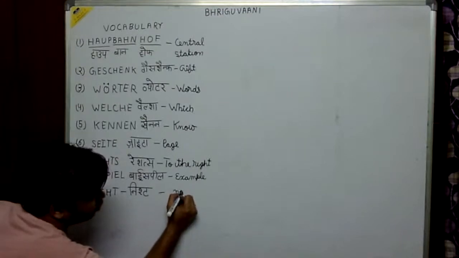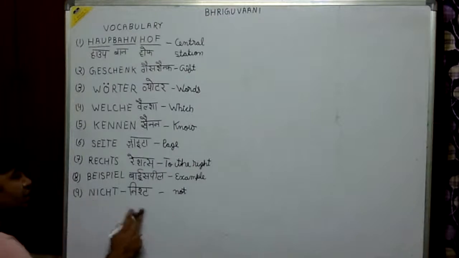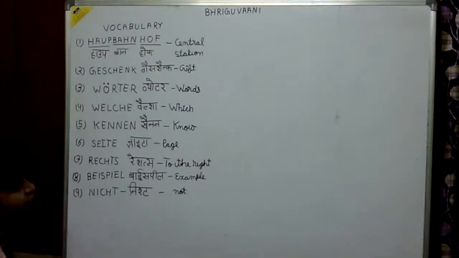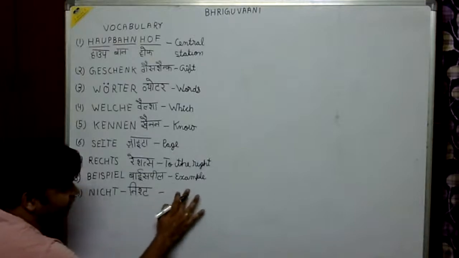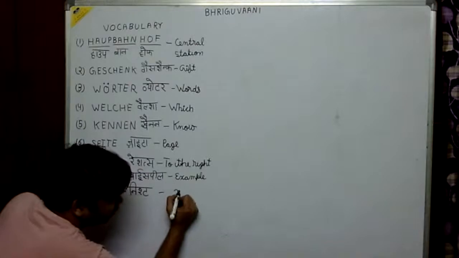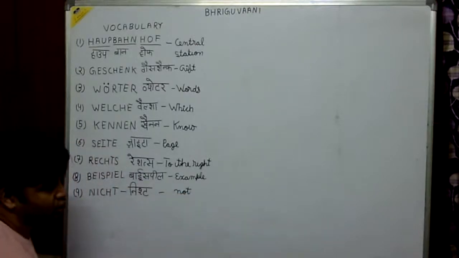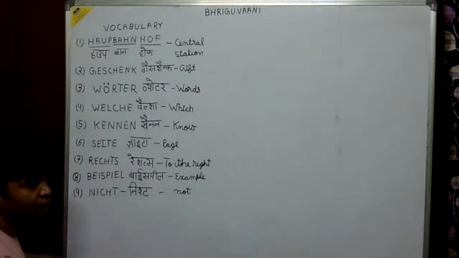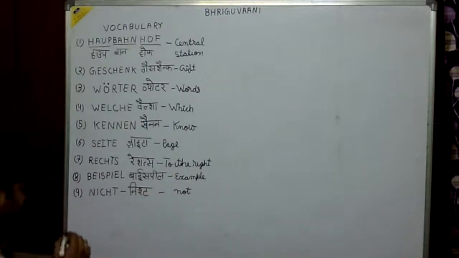For not, we say nicht in German. This not is that not which we say negative in English. Do not do this. Do not read this book. Do not go there. Do not shout. Do not sing the song.